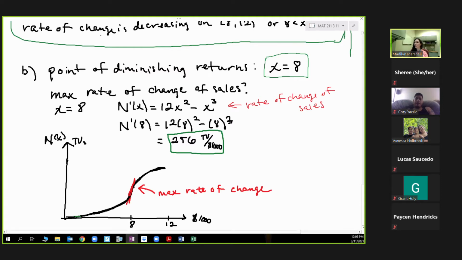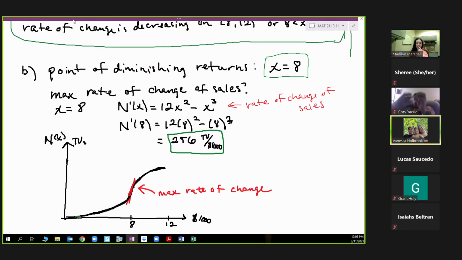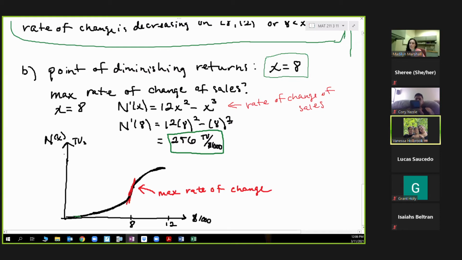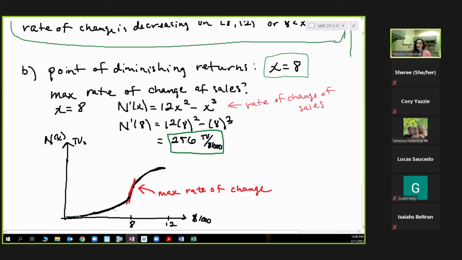Let me just see if I understand. So once we hit $8,000, that's when it starts increasing by 256 TVs for each additional $1,000 after that. So it'll go to 9,000, 10,000, 11,000, 12,000, or am I not understanding that right? For most of the functions we've talked about in this class, the dollars have been the y value, but we are switching that.